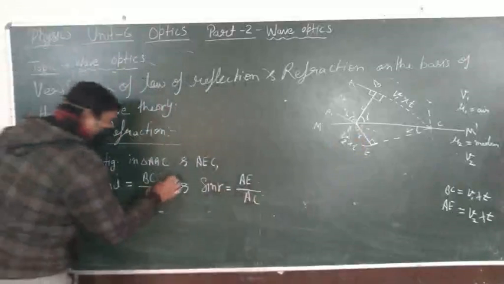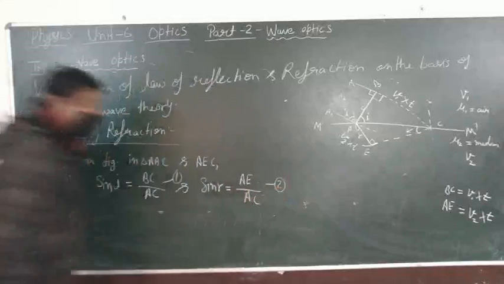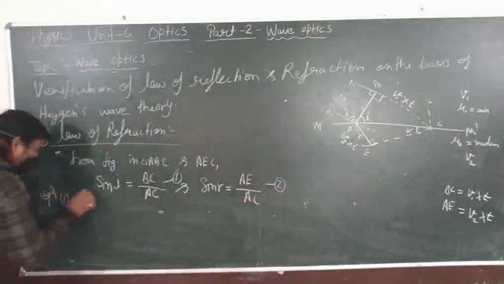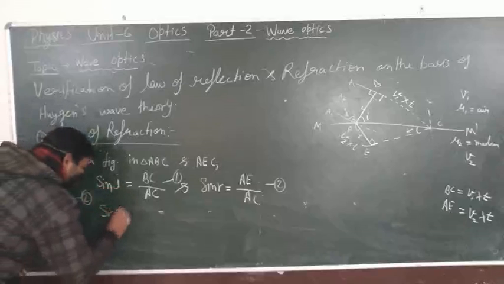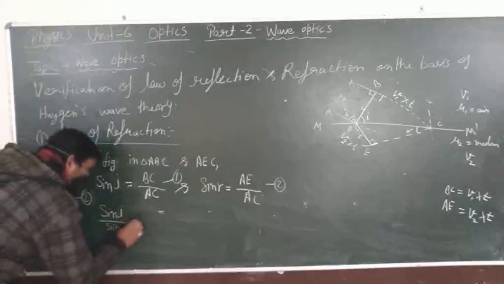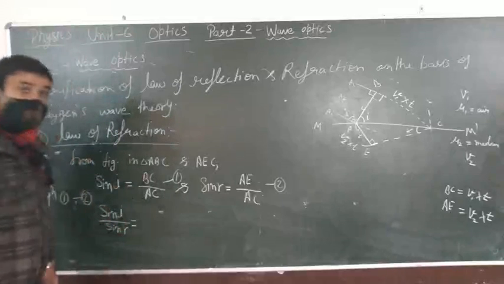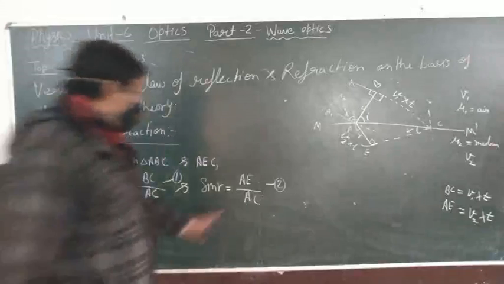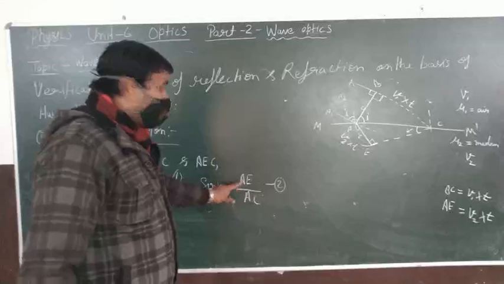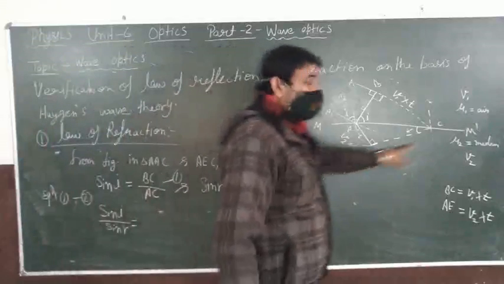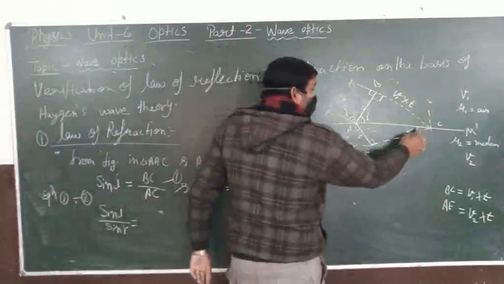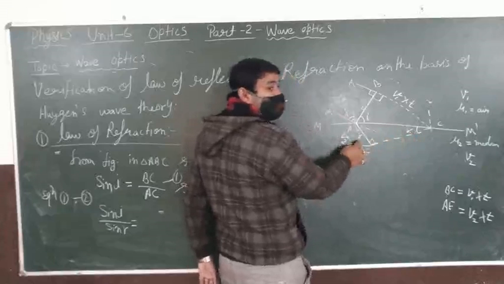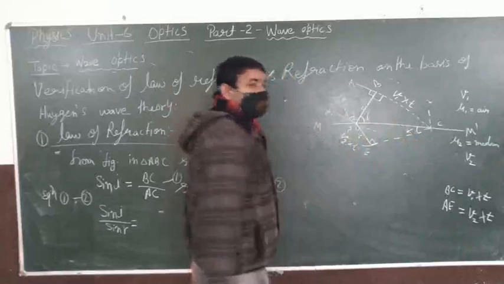Let's say this is the first equation and this is the second. By dividing the first equation by the second, we get sine I upon sine R. This is the angle of refraction and opposite to the angle is the perpendicular, so AE, and this is the hypotenuse.